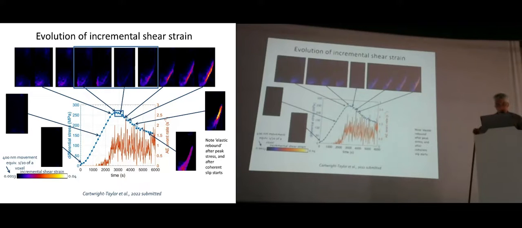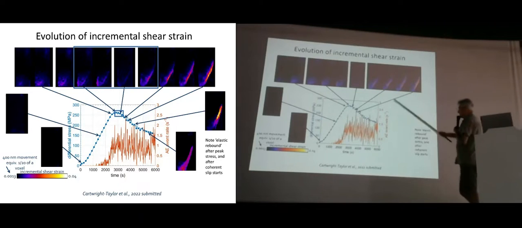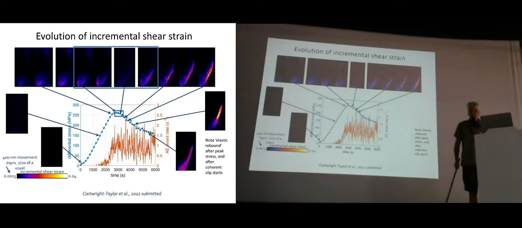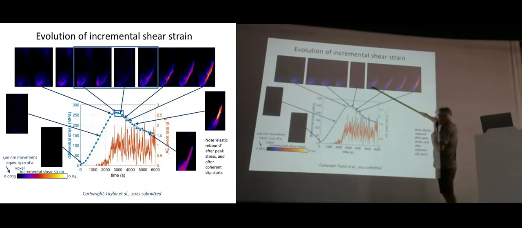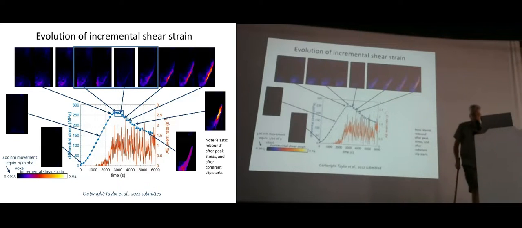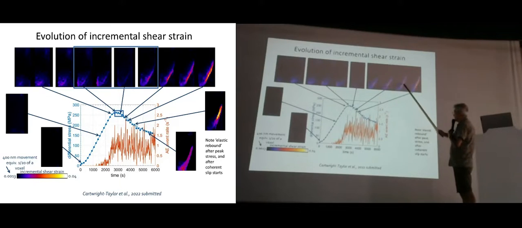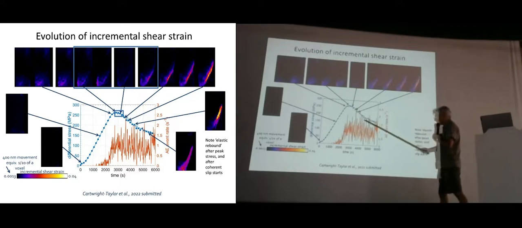But then you start to see the nucleation of the high strain element of the shear band. So the whole shear band exists at this point, but we start to see this concentration of deformation on this nucleating zone of high deformation. And then that grows right through this phase of strain softening.